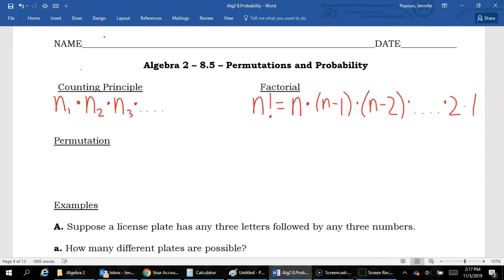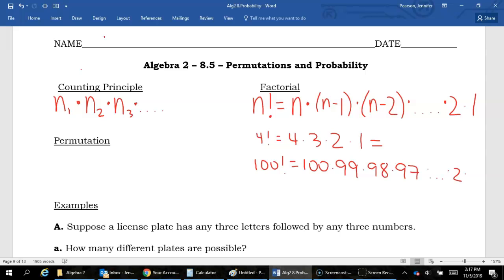So 4 factorial would be 4 times 3 times 2 times 1. Or 100 factorial would be 100 times 99 times 98 times 97, all the way to 1. So whatever number you have, times the next and the next as we count down all the way to 1.